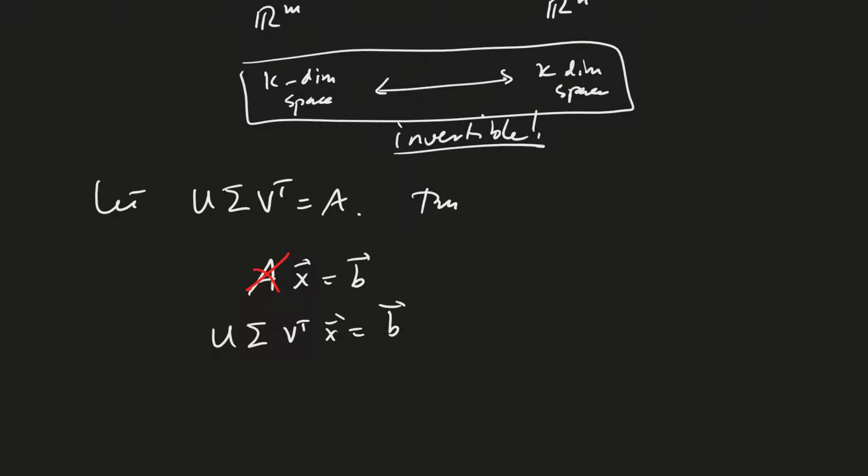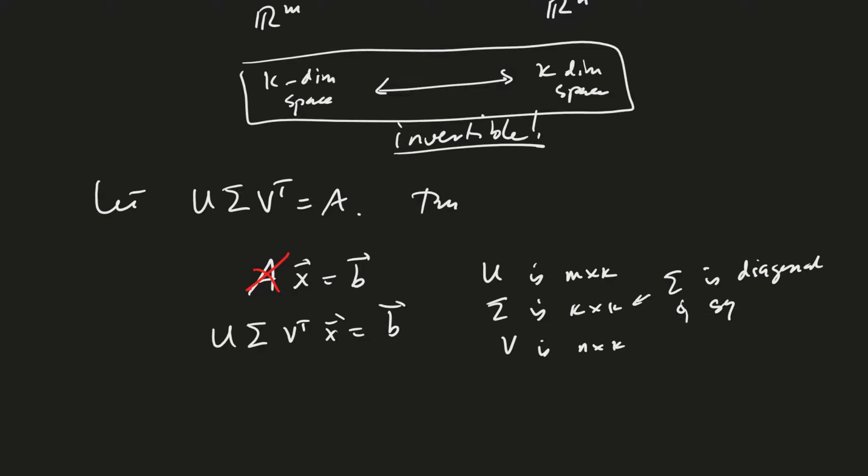This is not the reduced SVD. Although, you know what? Let's go ahead and say that this is the reduced SVD. So U is going to be m by k, and then sigma is k by k, and then V is n by k. And by the way, notice that if we have rank k, that means that sigma is diagonal and square and invertible. Okay, we're going to talk about this more in just a second.